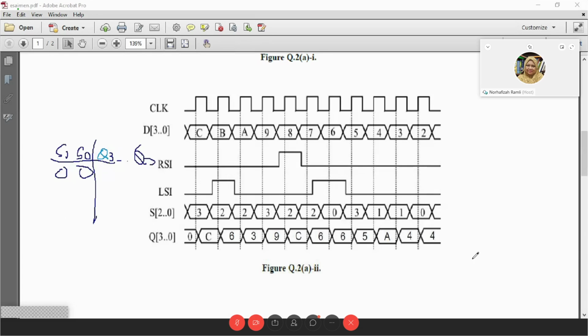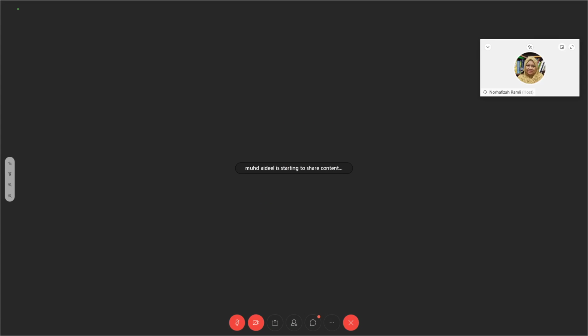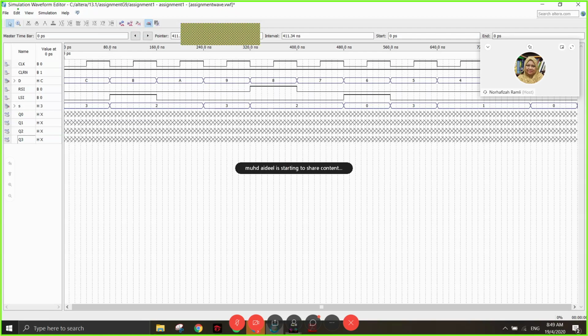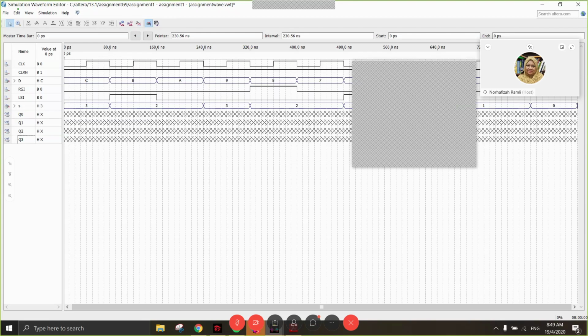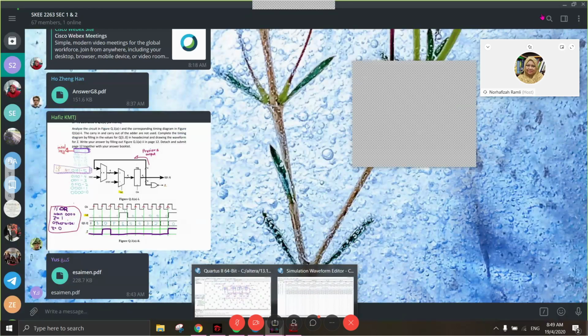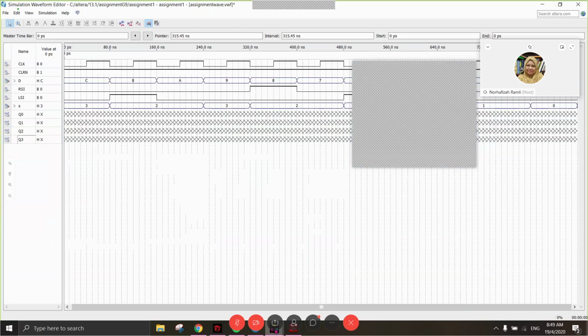Simulation. I want to see the simulation. Where is the simulation? Simulation from group 8, group 9. Group 9, can you share? I want to delete the one before, right?